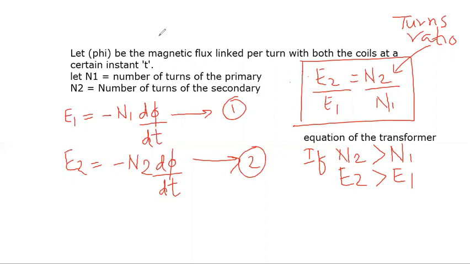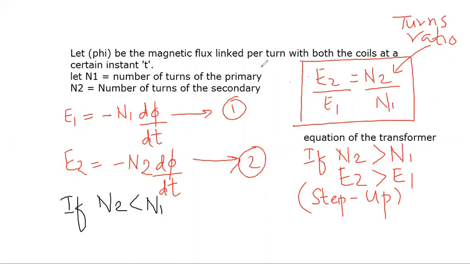This kind of transformer is called a step-up transformer. And if, on the other hand, N2 is less than N1, then E2 is less than E1, and therefore we call this a step-down transformer.